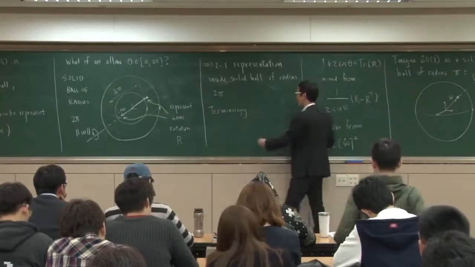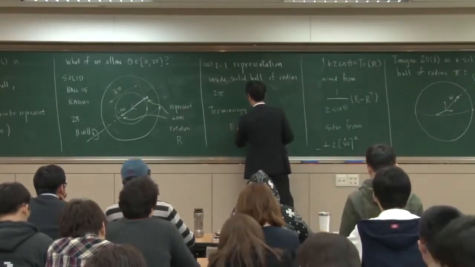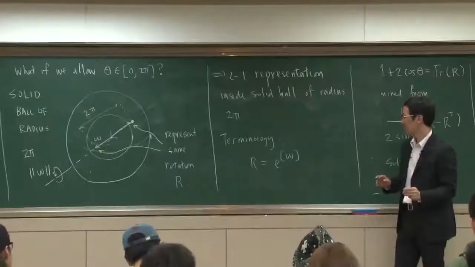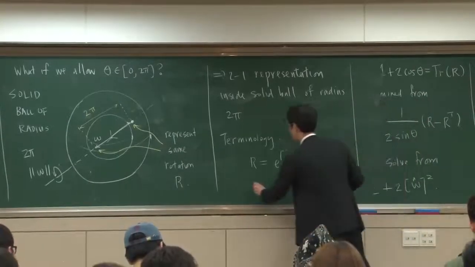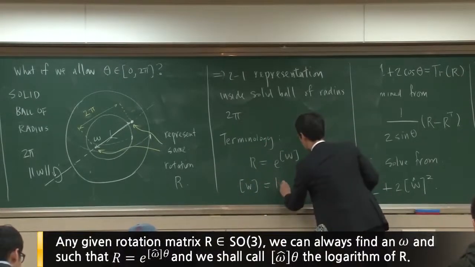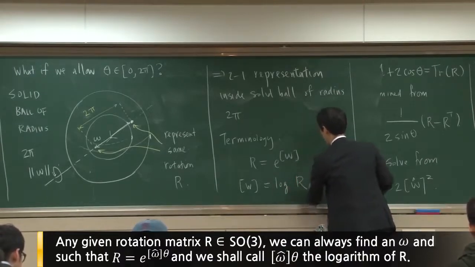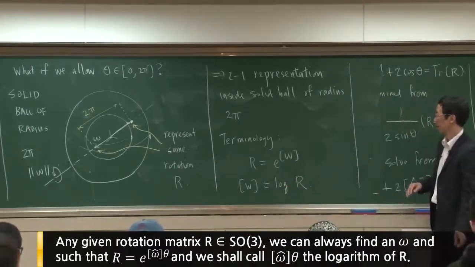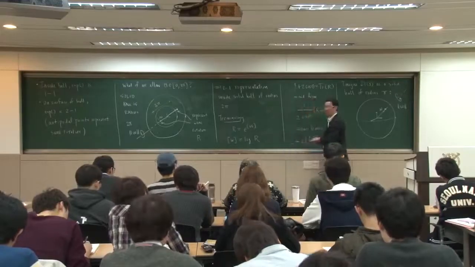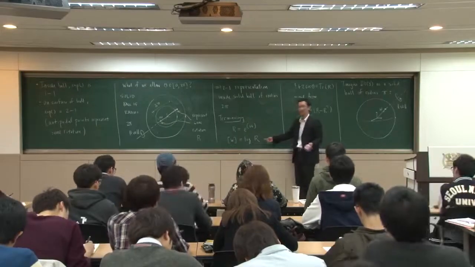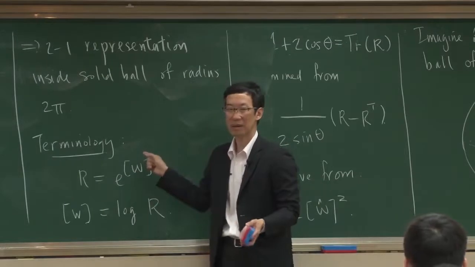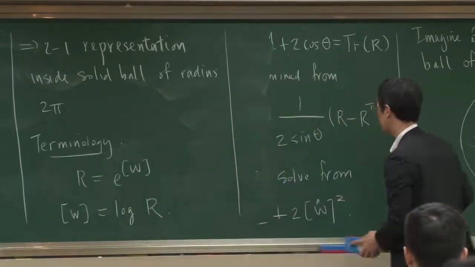When we have in our relation R is the exponential of omega, we're going to say that omega is the logarithm of R. It's the log of R. So when we talk about the log of a rotation matrix, this is what we mean. It's the omega here. Exponential and log are natural.